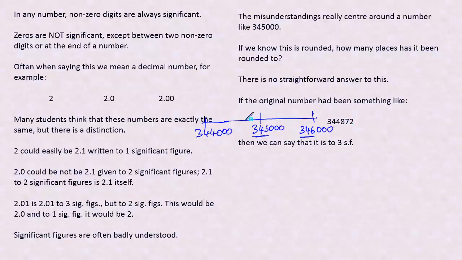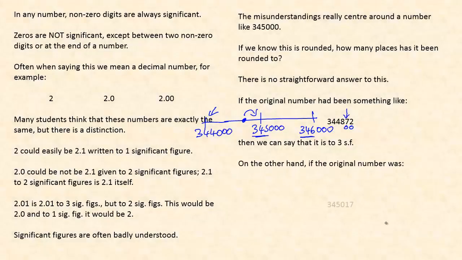Now this number is considerably closer to here than it is to here. So we can be definite that that's rounded. If we actually rounded this number to four significant figures, we'd end up with two zeros on the end here, and because of the 7, this 8 would become a 9. So it would be 344,900.